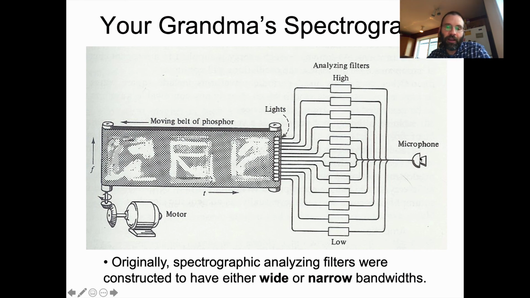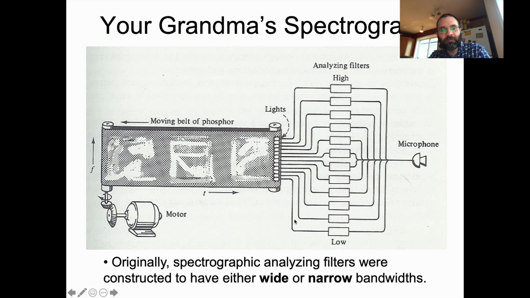So you collect the sound from the microphone, and it would create some sort of electrical waveform in the circuitry here. And then this band pass filter was dedicated to analyzing frequencies of a particular range, from 0 to 100, say. This one would be from 100 to 200, so on and so forth, all the way up the scale.